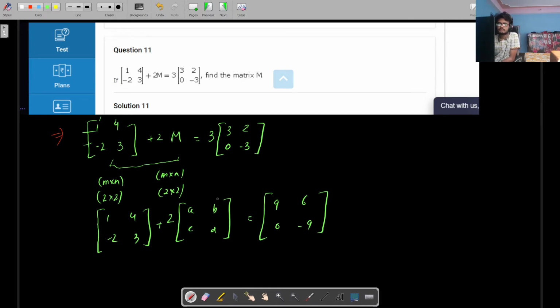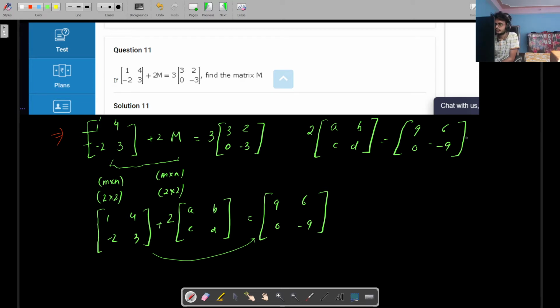Now take this to the other side. So you get 2 times [A, B; C, D] equal to [9, 6; 0, -9], and you're bringing this to the other side, so minus [1, 4; -2, 3].